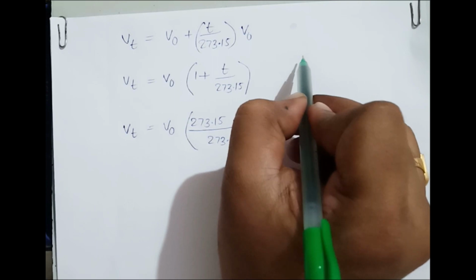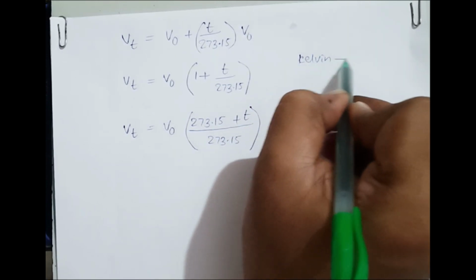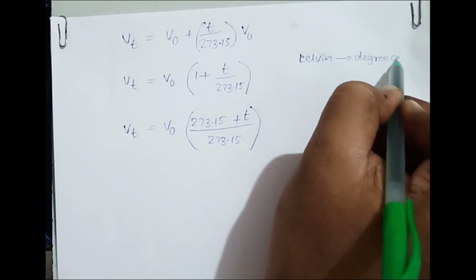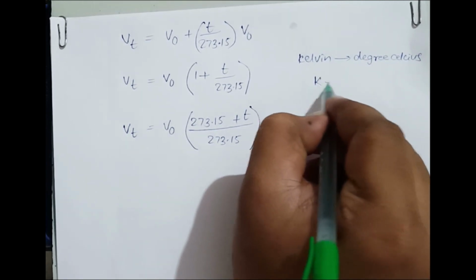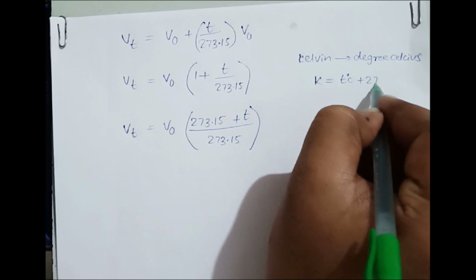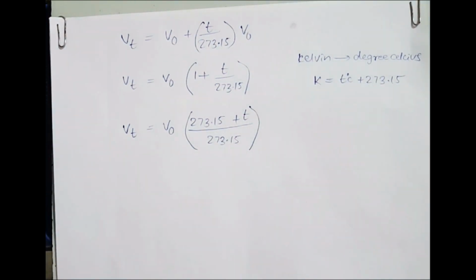So we know how to convert Kelvin system into degree Celsius. Temperature in Kelvin is equal to T in degree Celsius plus 273.15, that we know, but how has the 273.15 come?